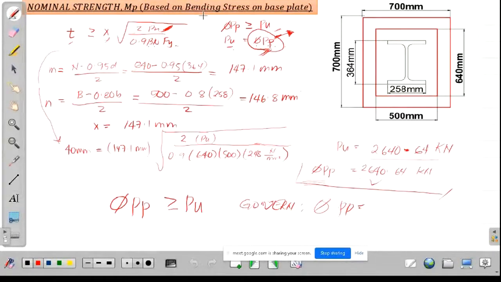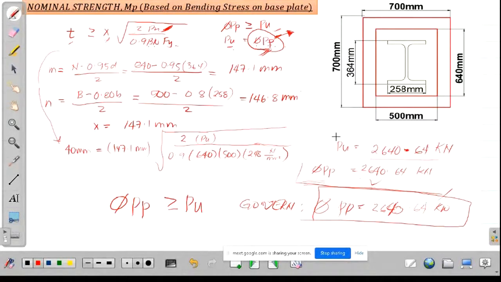So we have to get our design strength that is equal to 2640.64. This is what governs. So that it will not fail based on bending, and it will also not fail based on our support, the bearing on support.